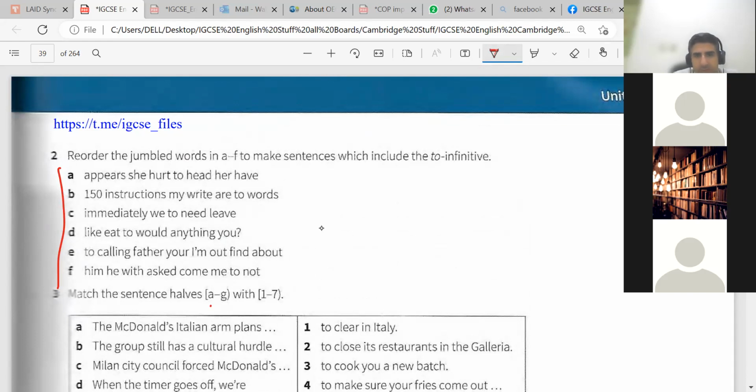But let's finish this first. Let's do this first. You can write in your notebooks, please. Appears she hurt to head her half. Can you please unscramble the words to write correct sentences using the infinitive correctly? You have 4 minutes. Please write your answers in your notebooks.